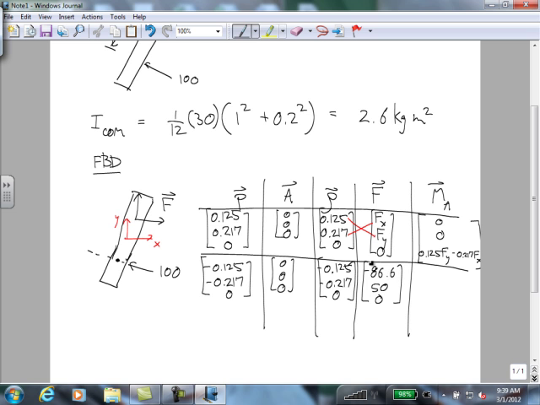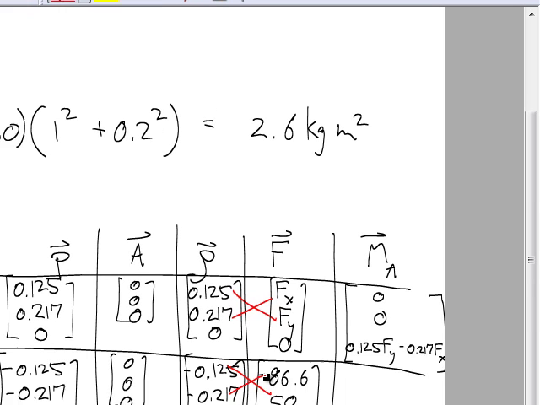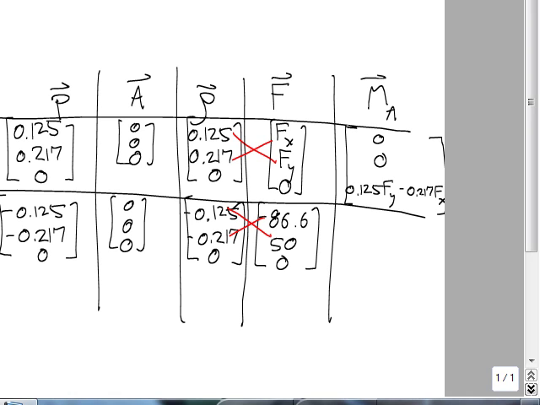Take that cross product, that minus that. Gives you 0, 0, negative 25.